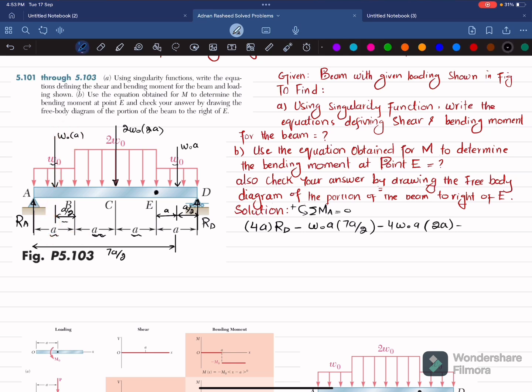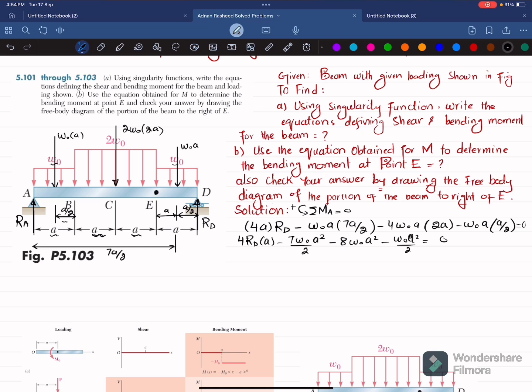So I will write minus W naught into A divided by 2, is equal to 0. So we will get 4RD multiplied by A minus 7W naught A square over 2 minus 8W naught A square minus W naught A square over 2 is equal to 0.